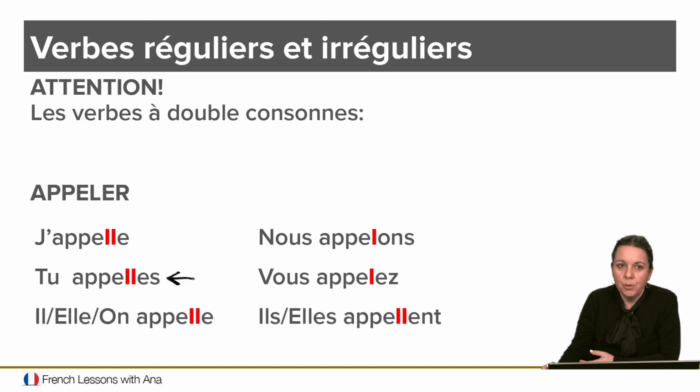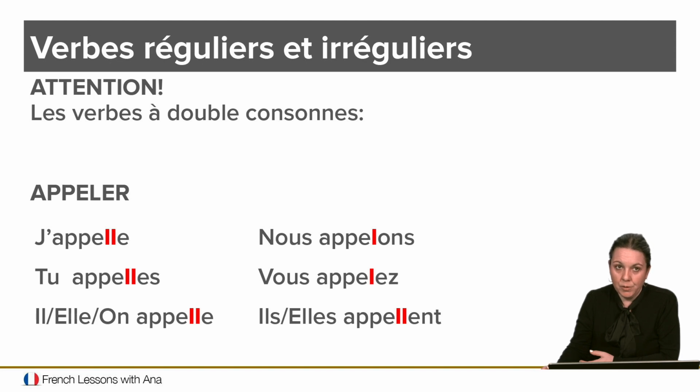Same thing for tu. Tu appelles. Il appelle. Elle appelle. And remember the on followed by the A, we do that liaison. On appelle. Now, nous and vous, if you take a look at it, there's only one L. And the reason for that is the same. It's because we emphasize ons and we emphasize ez. So we don't have a need to open that e.